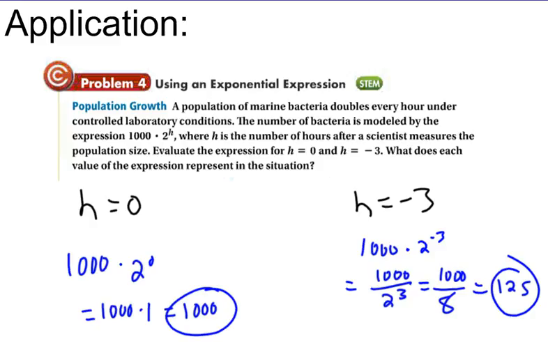Well, that just means that 3 hours before it was measured by the scientist, you can calculate, using that negative 3 as the exponent, how many bacteria there were 3 hours earlier, and it was 125 bacteria only. So that's a real situation where exponential functions, exponents like this, are used, and there's a lot more where that came from for the rest of this chapter.